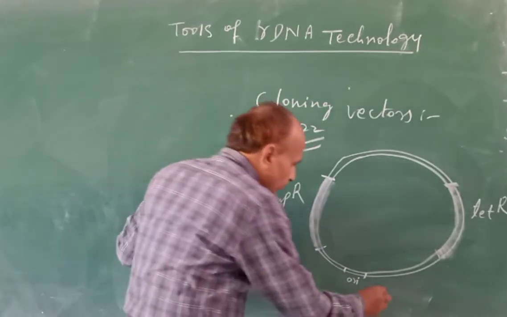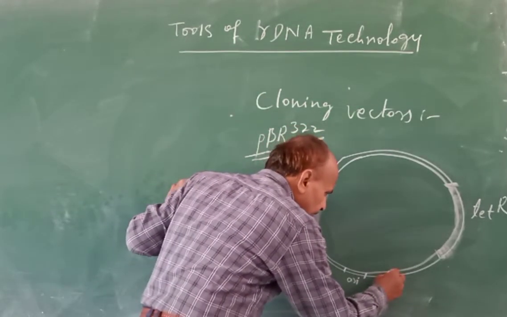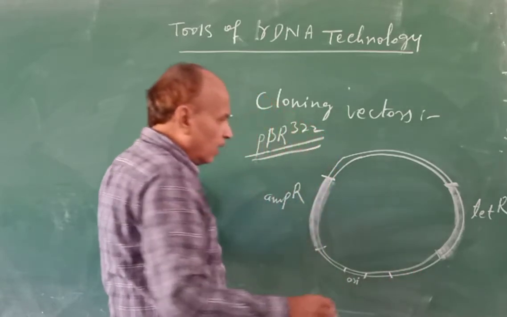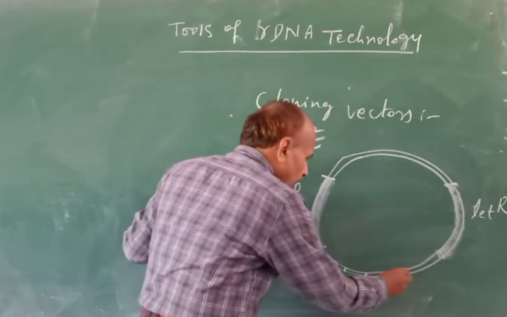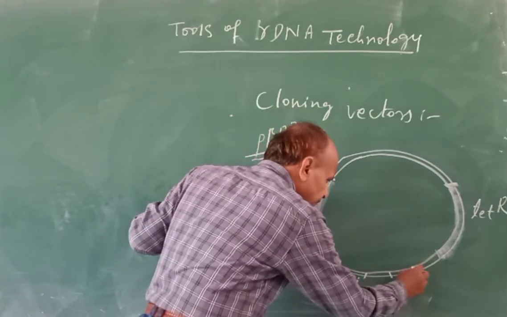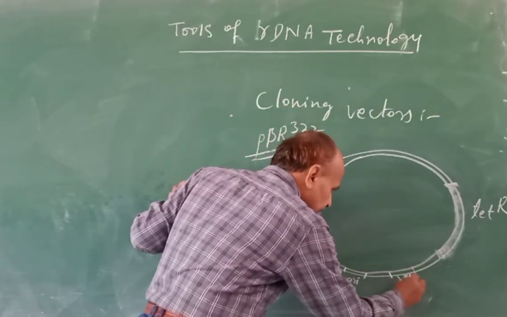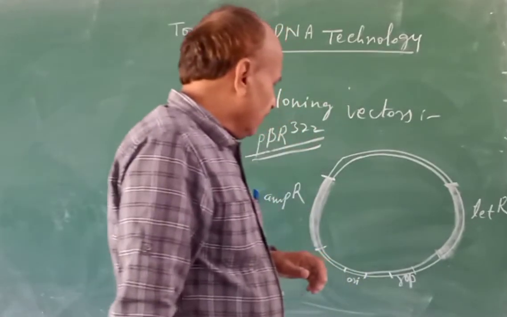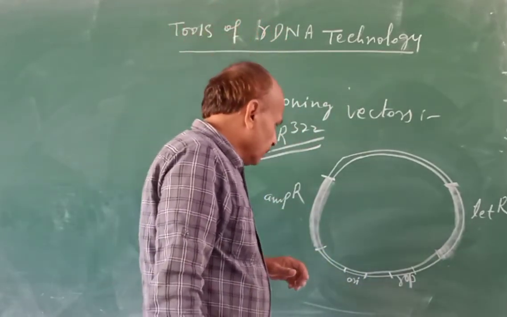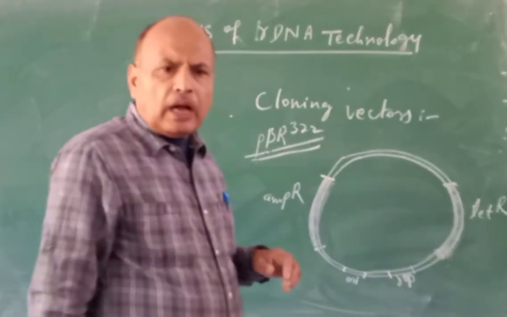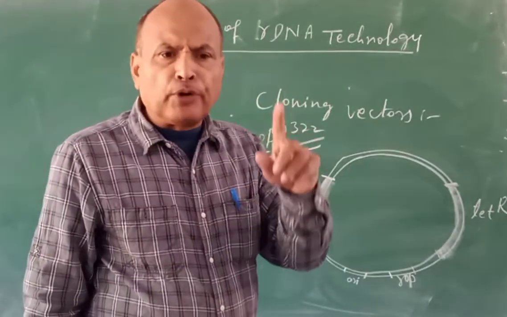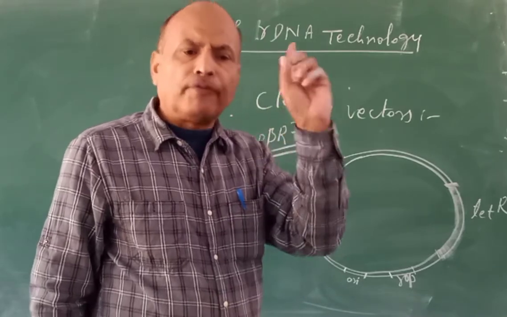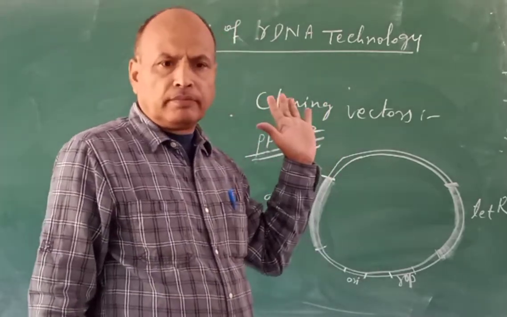There is a gene known as ROP. ROP gene codes the protein required for replication of this plasmid.